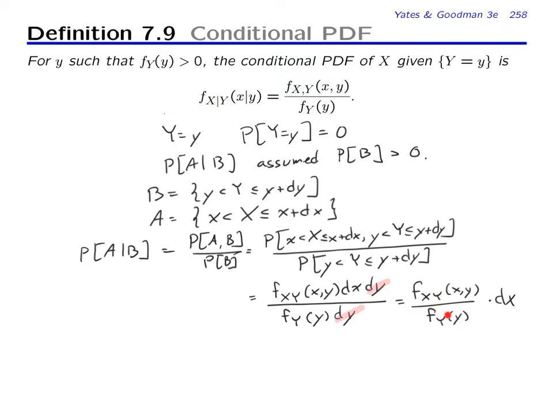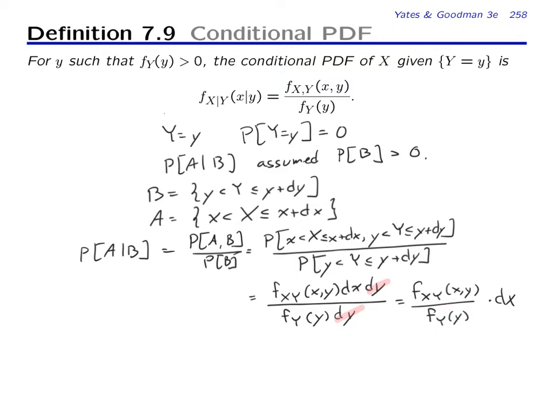Our interpretation of this ratio is that for each value of y, we have a different density function for x. So this density function in x times dx is the probability that the random variable x is in the interval x to x plus dx. And it's different, possibly, for each value of y.